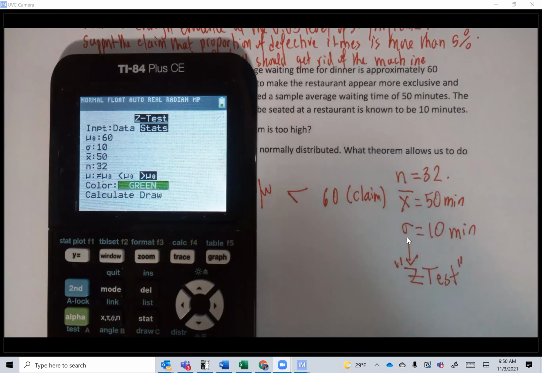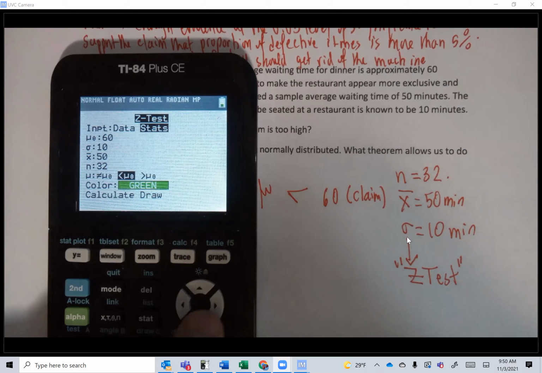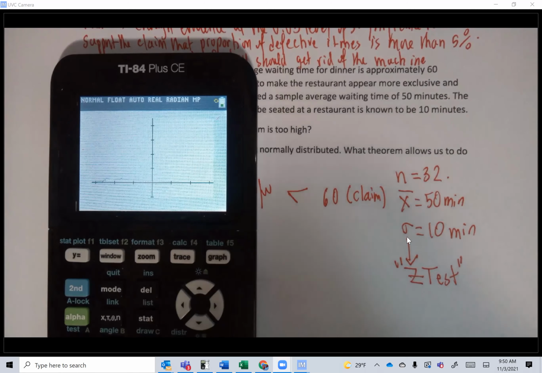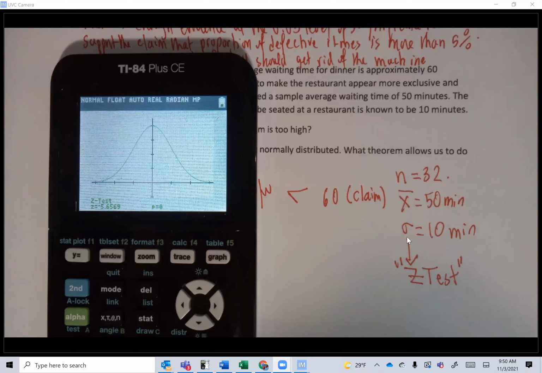And less than. Okay, Z is negative 5.66, and the p-value is 0. It's very small.